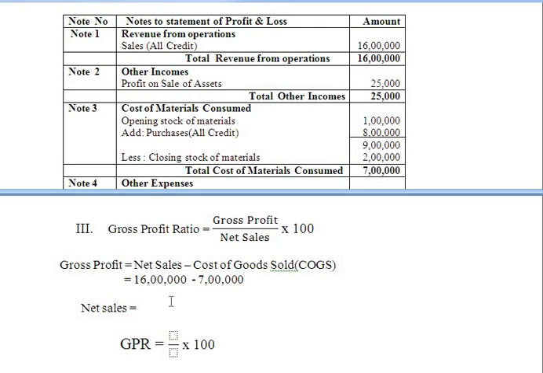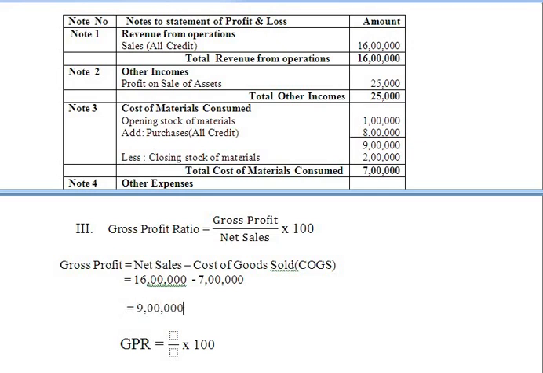So how much is gross profit? 16 lakh minus 7 lakh is equal to 9 lakhs. So right here 9 lakhs.